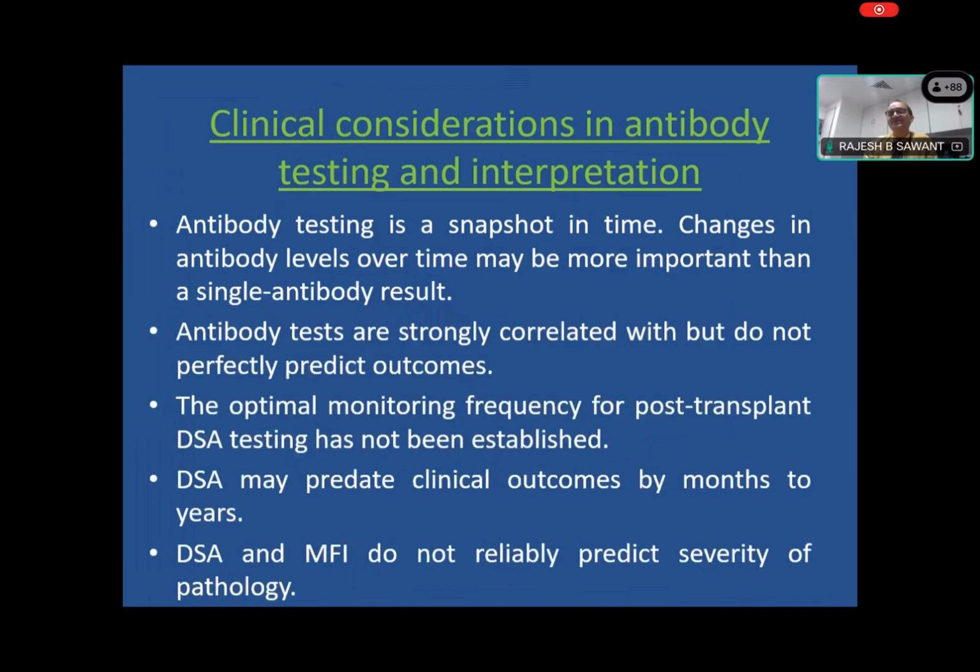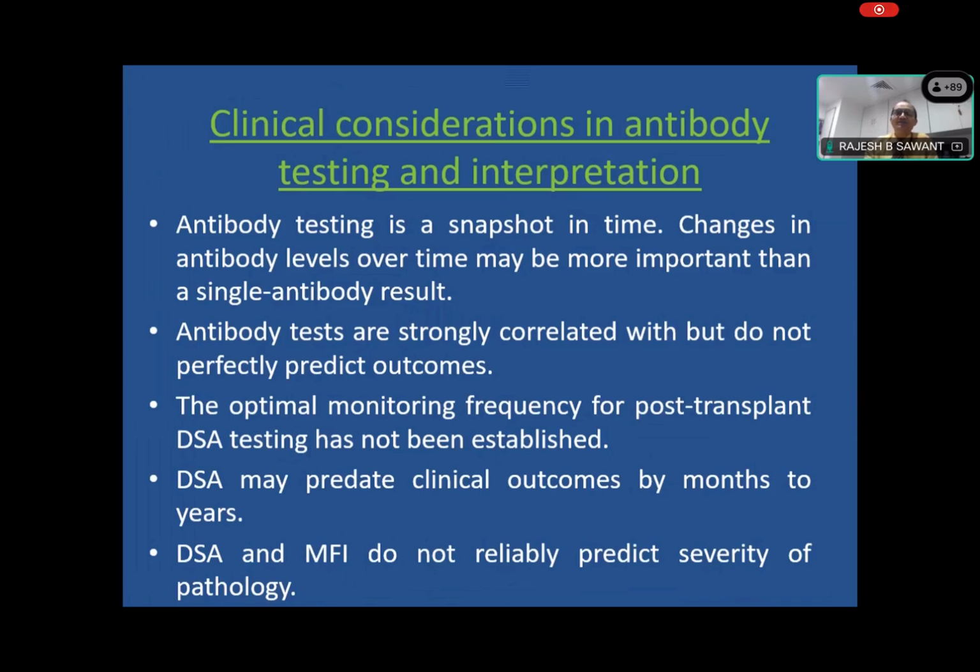You have to understand it in the correct perspective, because changes in antibody results will keep happening, and a single result is not as important as a trend observed across the various results. Just doing one antibody test and saying that everything is fine can be misleading. You have to do testing at various time points during the transplant process.